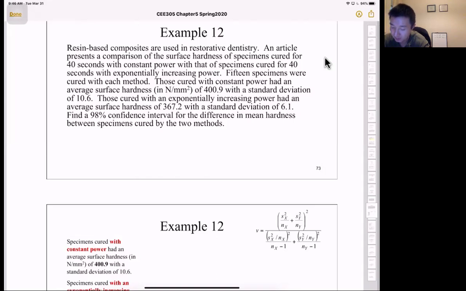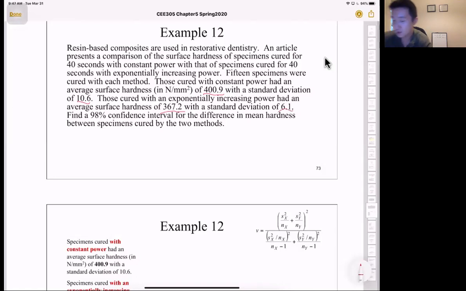Those cured with constant power had an average surface hardness of 409.9 with a standard deviation of 10.6. Those cured with exponentially increasing power had an average surface hardness of 367.2 with a standard deviation of 6.1.